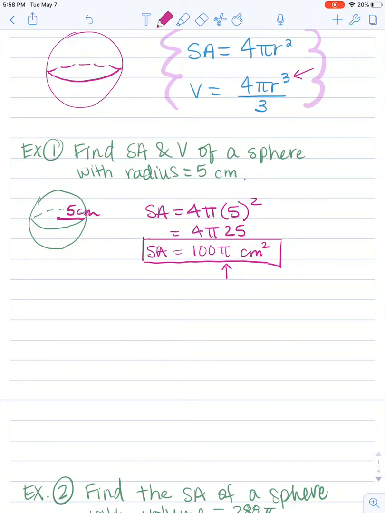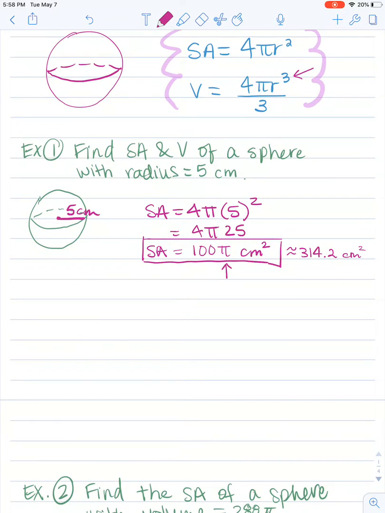However, if it did want you to write the decimal for this, you would multiply that by pi in your calculator. So that'd be pi times 100, which would be approximately 314.16. So it just depends on how the question's worded.